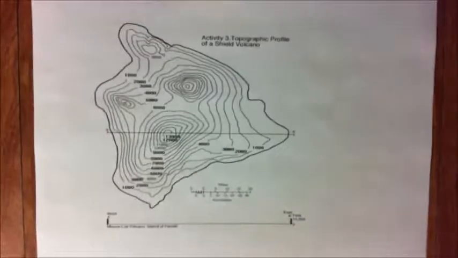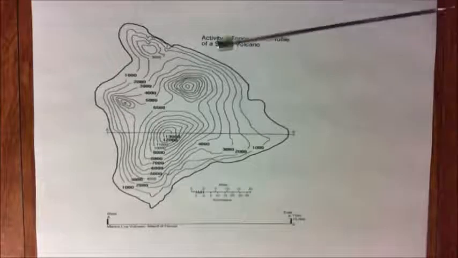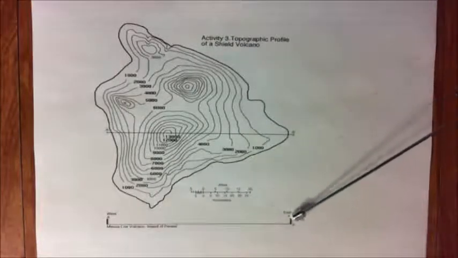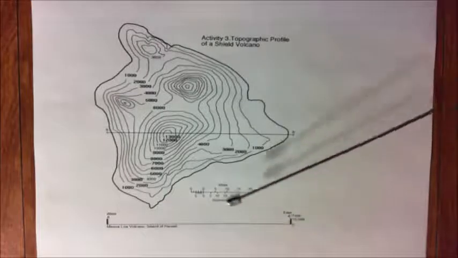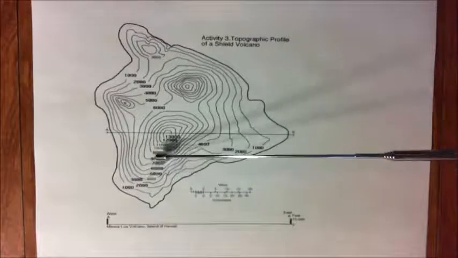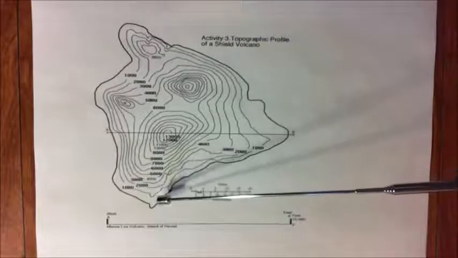Now here is the Mauna Loa volcano on the island of Hawaii. Here we have miles. This is in feet. So we can assume that these thousands markings are all in feet.